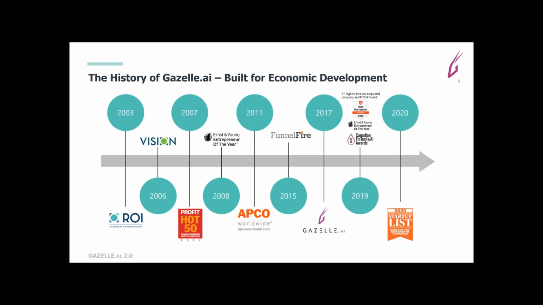And what we call expanding is either building new buildings, bricks and mortar expansion, or hiring significant amounts of new people that are interesting for economic development practitioners. And then what we do is we broker an introductory meeting in between the companies that we have discovered as being in expansion mode with our economic development clients that represent different jurisdictions around the world.